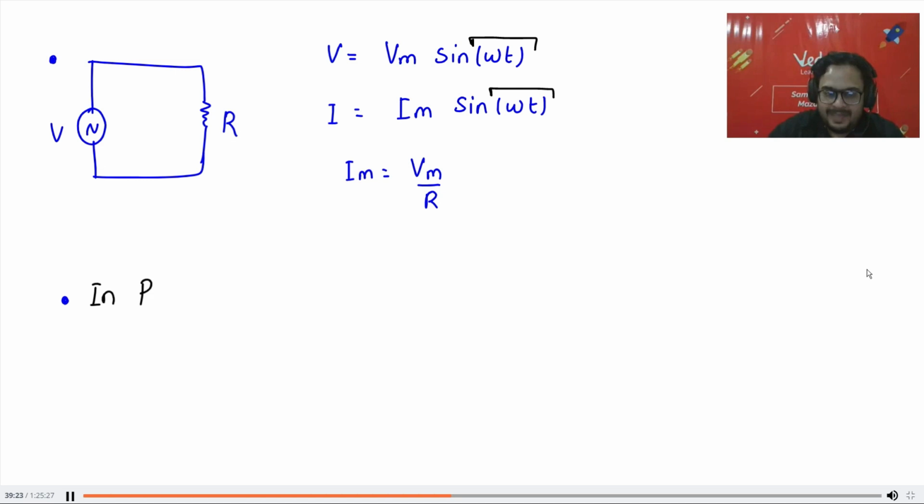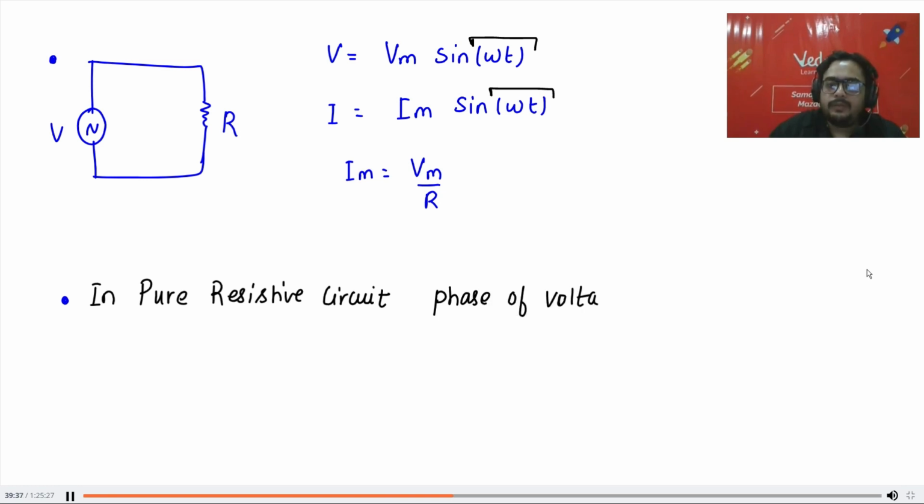So please remember, in a pure resistive circuit, the phase of voltage and current is the same. Can we remember this?